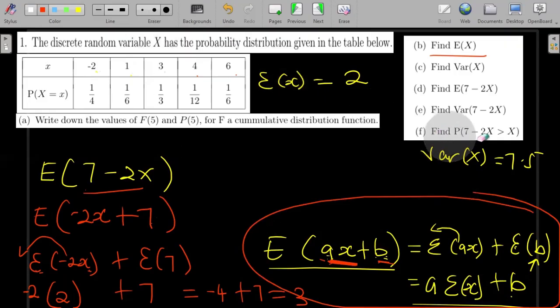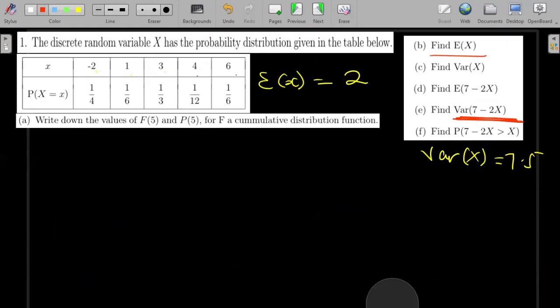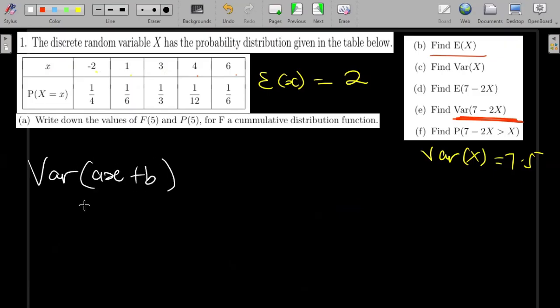And then I can also see there's the variance of a linear function. It also has a special rule that we have to follow. Whenever you have the variance of maybe ax plus b, we bring this a in front and square it, and then we say the variance of x plus the variance of b.